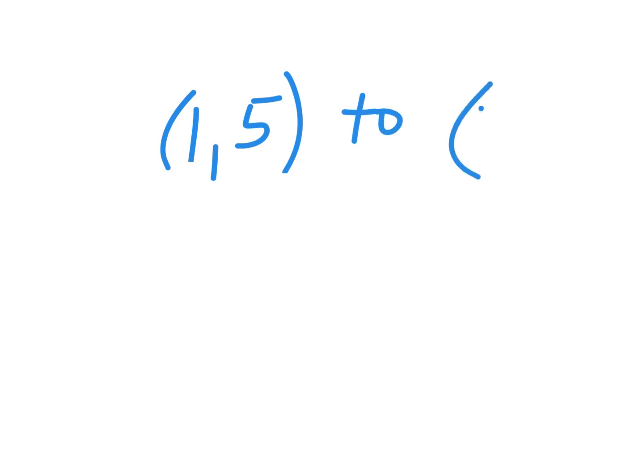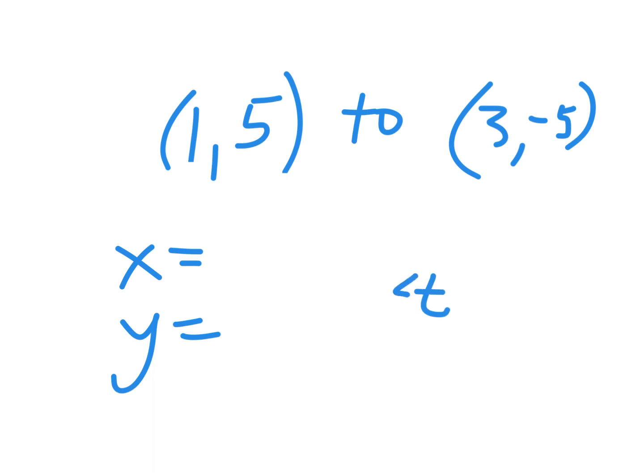Okay, but just to make sure you guys really understood that, let's get a point 1 comma 5 going to 3 comma negative 5. You don't need to graph it. I just need a parametric, which means an x and a y and a t limit. Can you write me a correct equation that goes between these two?